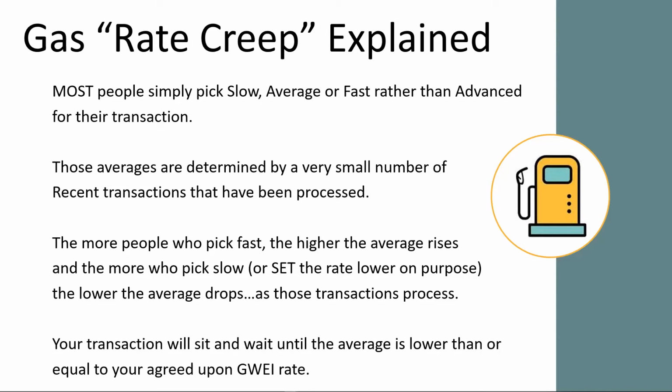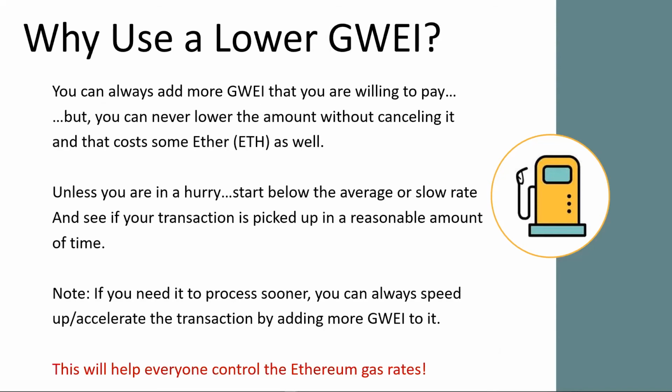So until the higher GUI transactions get processed, your transaction will sit and it's going to wait until that average comes down to lower than or equal to your agreed upon GUI rate. Now, you may wonder, why should I use a lower GUI then? Well, because you can always add more. You can add more GUI that you're willing to pay, but you can never lower the amount.